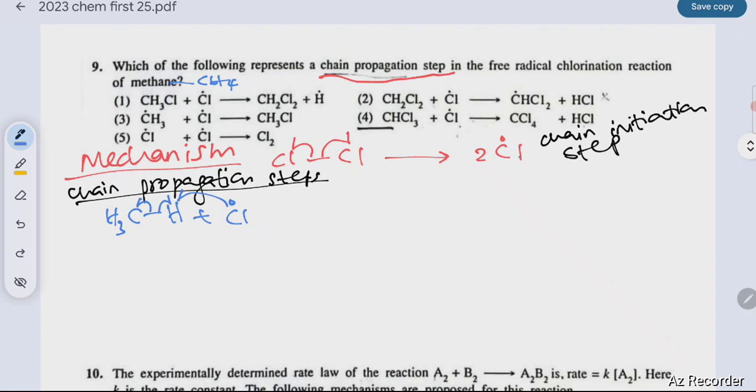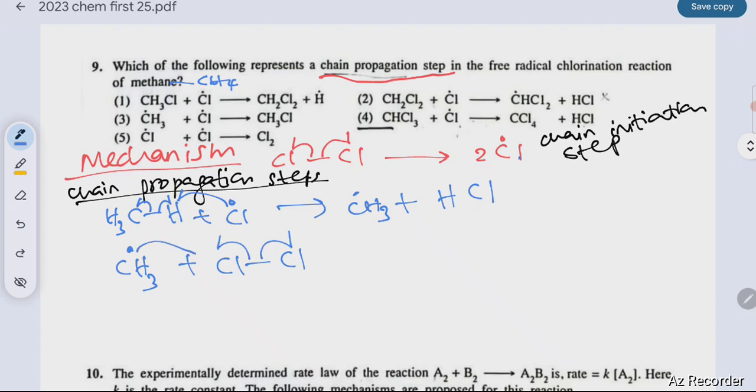This radical reacts with this, bonds with this H, and it will form dot CH3 plus HCl. Then this dot CH3 will again bond with the chlorine. A chlorine bond will be cleaved, and this will form CH3Cl plus Cl dot.